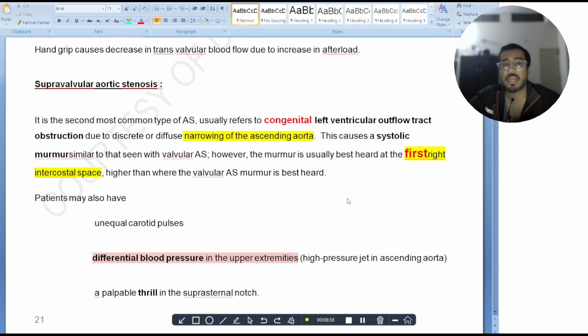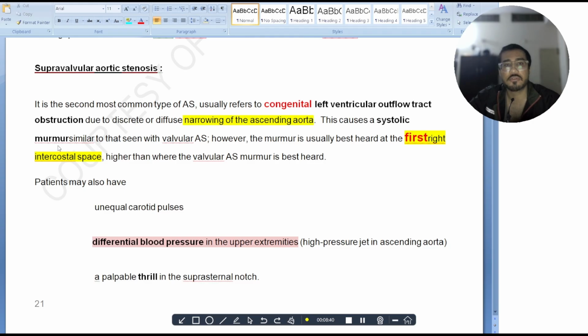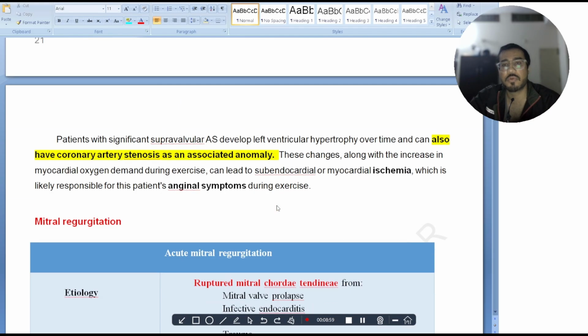So the takeaway points are the first right intercostal space where you would hear it, and a differential blood pressure, so you don't confuse that with aortic dissection. And even when the patient says that he has chest pain, you might further confuse it with aortic dissection, but the chest pain can be a symptom of angina.